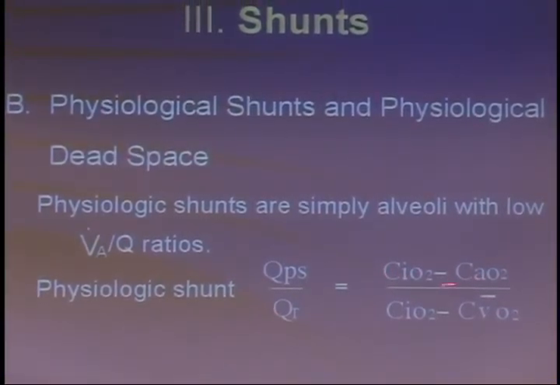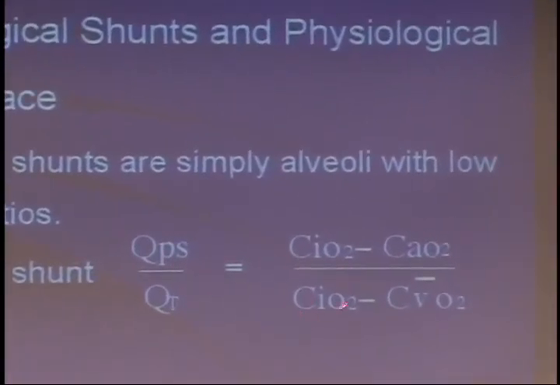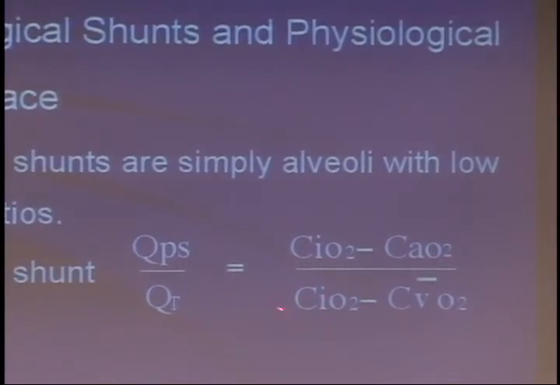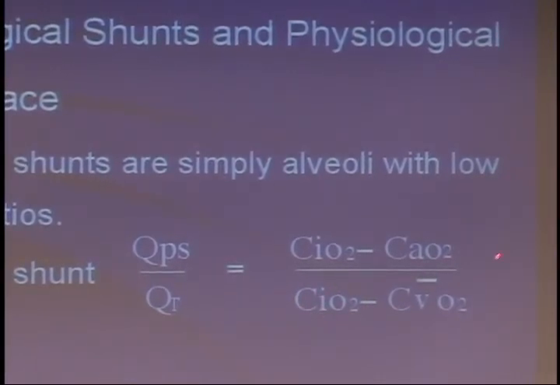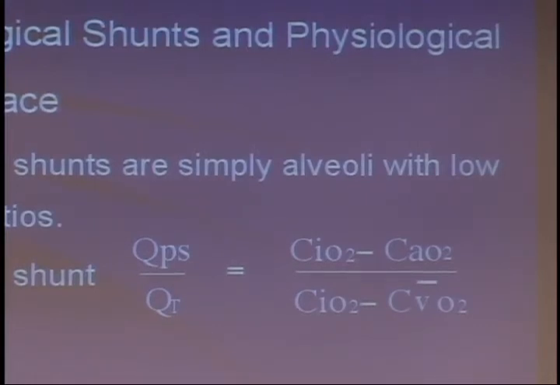And then if this is the actual arterial concentration, put in about 19.9 there. Then again, you see the ideal capillary's oxygen concentration of 20 and subtract the venous of 15. If you do the math, you'll get what I told you before, 0.02, which means that the percentage of our cardiac output that's going through shunts is about 2% ordinarily. So that's what that equation can be used to do.